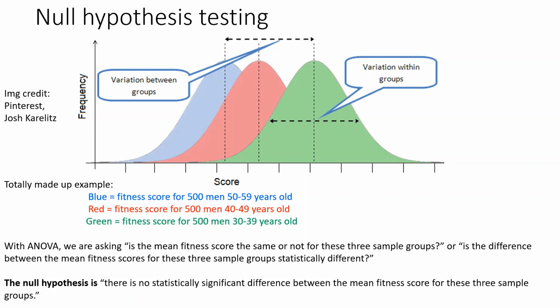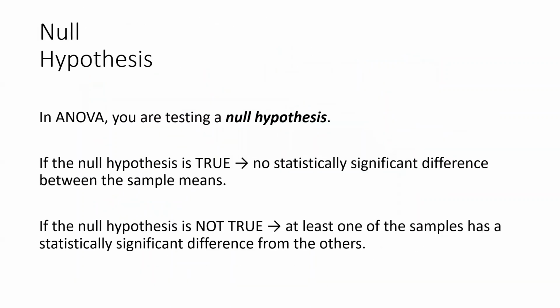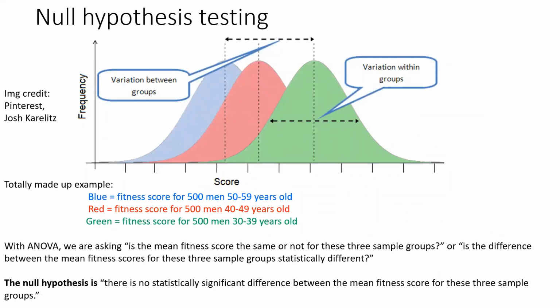Is that true or is that not true? That is what ANOVA is going to help us answer. So it's another yes or no question, basically, that we are answering with ANOVA.